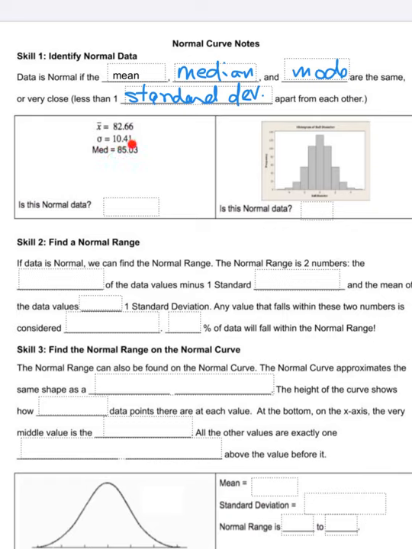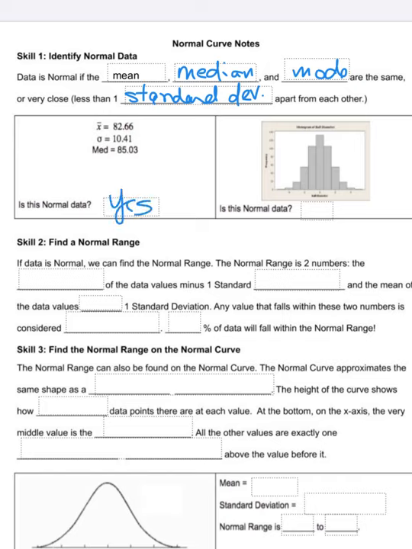It's 10.41. So then we compare these two. Are 82.66 and 85.03 less than 10 apart? Yeah, of course. They're like a little more than 2 apart. So that means this data is normal. So in this box, we would write yes.